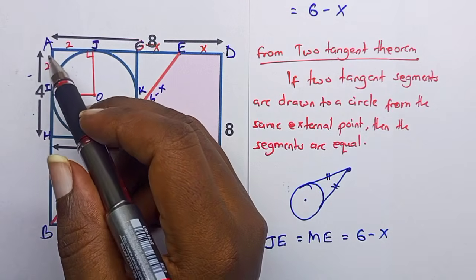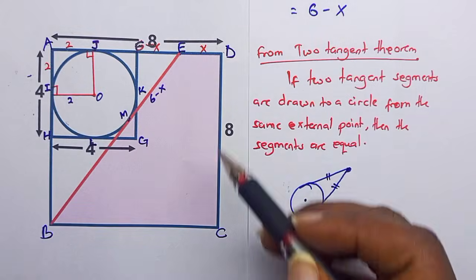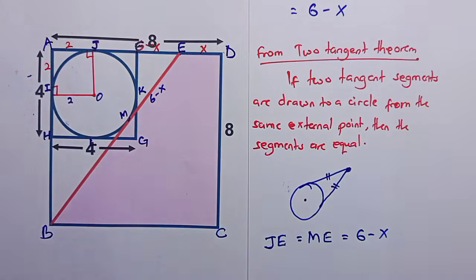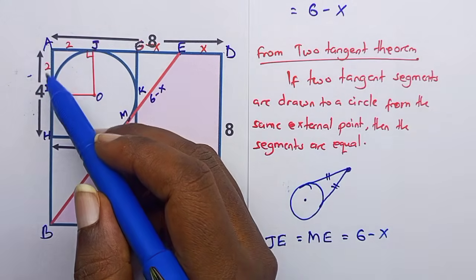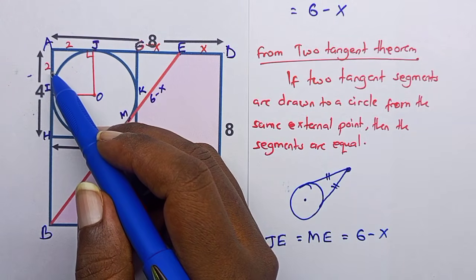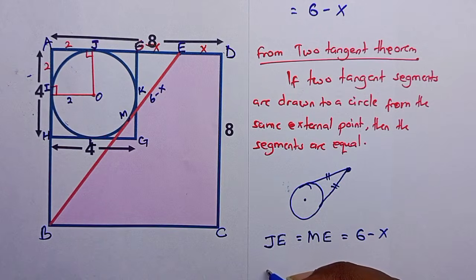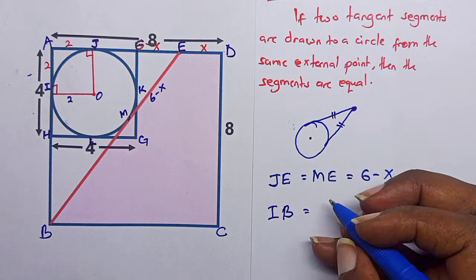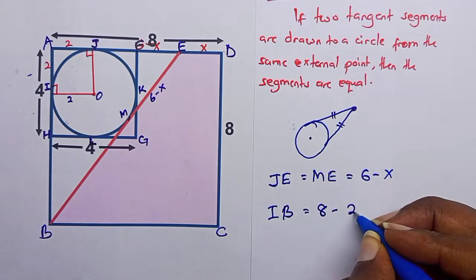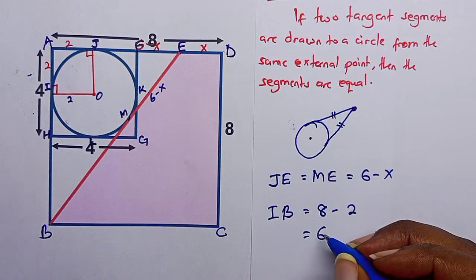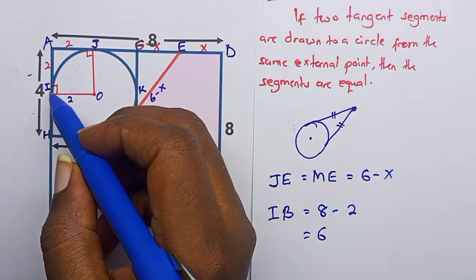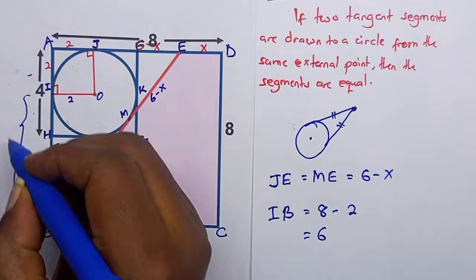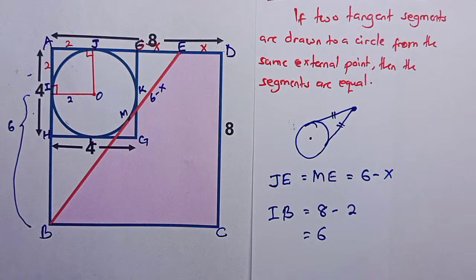Since AB is equal to DC, which is 8, and AI is 2, then IB will be equal to 8 minus 2, which is equal to 6. So from here to here is 6.